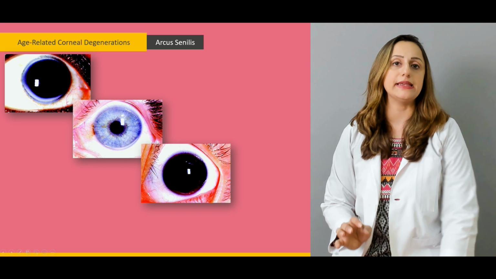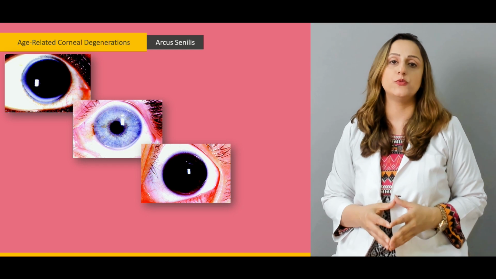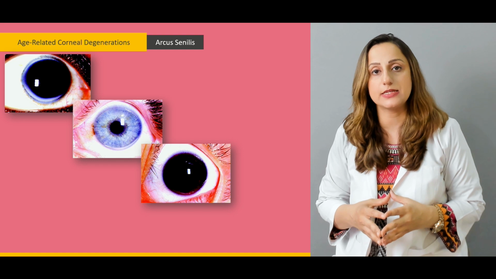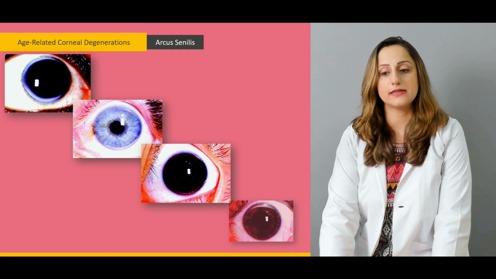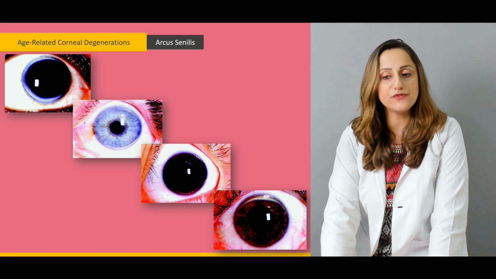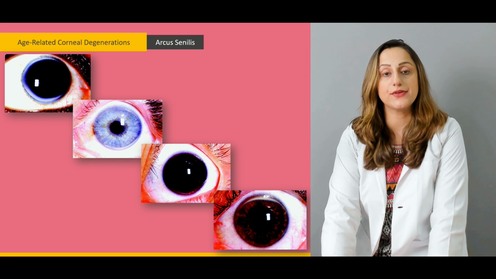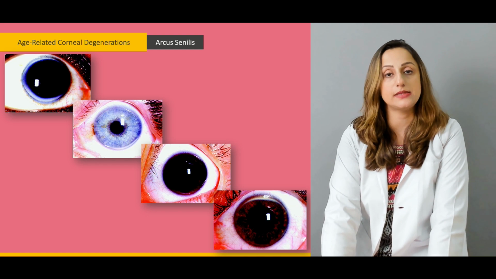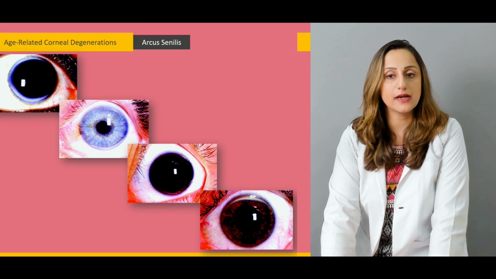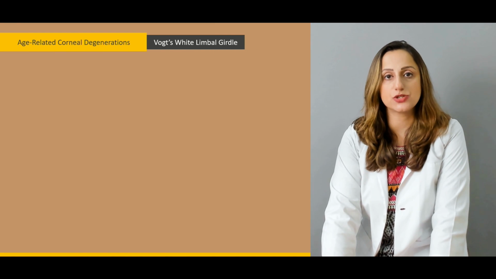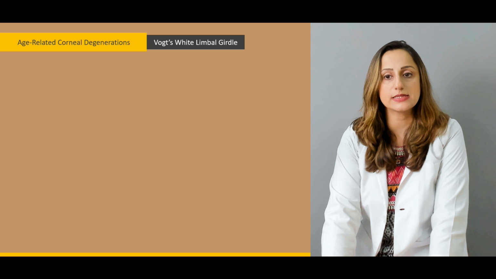This is a particular finding that we would appreciate in these patients of Arcus senilis. It can be located inferiorly, or it can involve the superior limbus, depending upon the different locations that we observe in these patients.